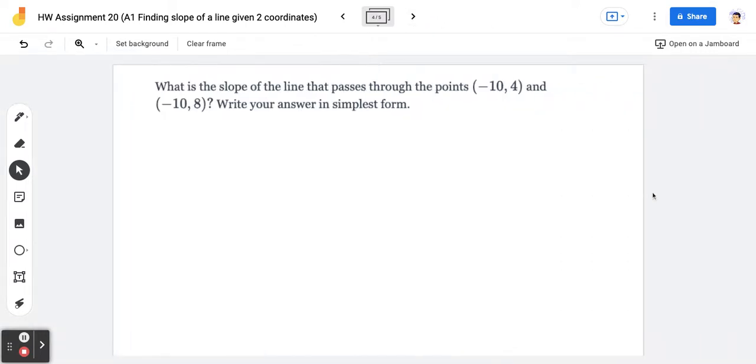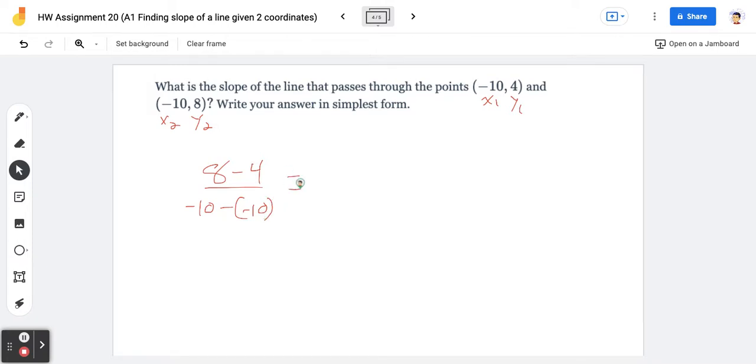Two more. What's the slope of a line that passes through the points negative 10, 4 and negative 10, 8? All right. So I'll list them like this. So our x1, y1, x2, y2. All right. So y2 minus y1 is in our numerator, so it's 8 minus 4, over x2 minus x1, which is a negative 10 minus a negative 10.